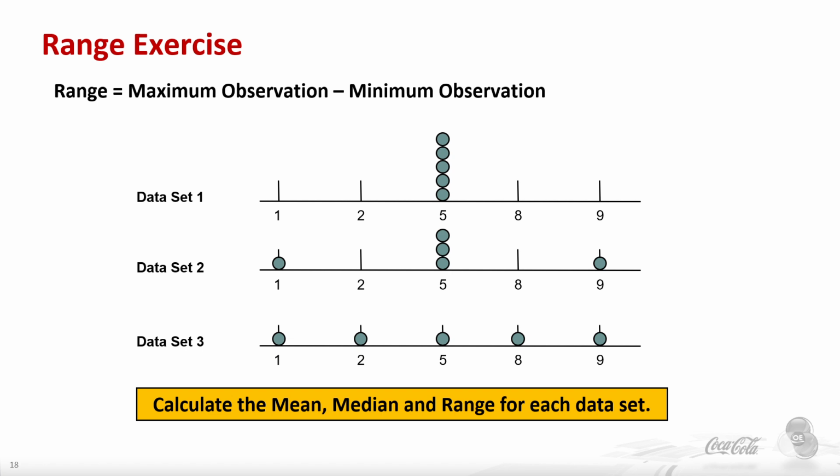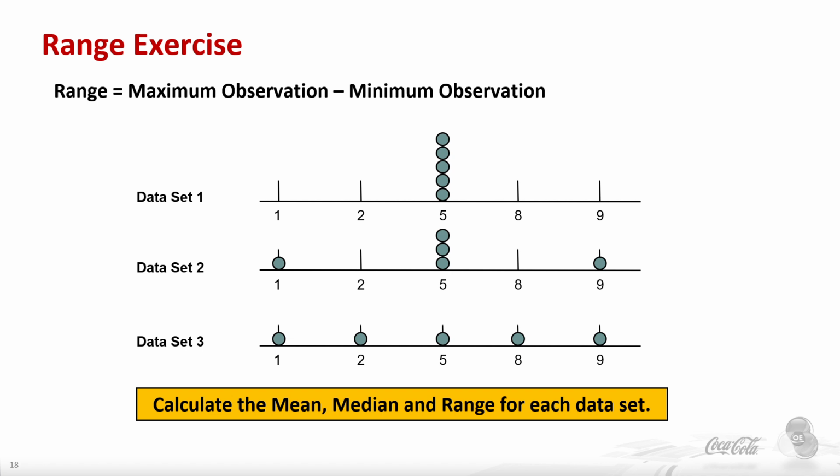When we add this, the answer will be 25 over 5, which is 5. So that means the mean of the second data set will also be 5. And if we divide it equally on the two sides, the number in the middle becomes 5. So the median of data set 2 will also be 5.